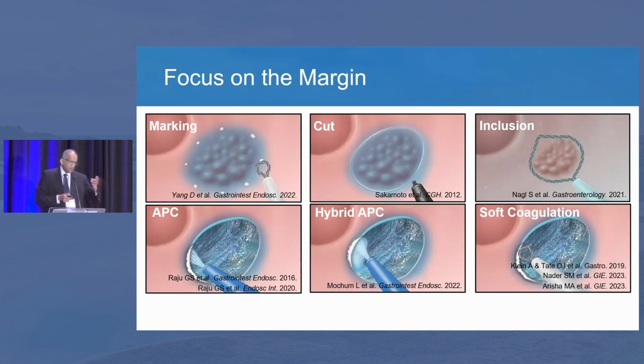There are so many different things being published in terms of how to cut down the recurrence. What I feel is, once you cut, if you get into the habit of taking pictures of your margin every few millimeters, that will automatically make you focus and look at the margin carefully. That would cut down your recurrence.